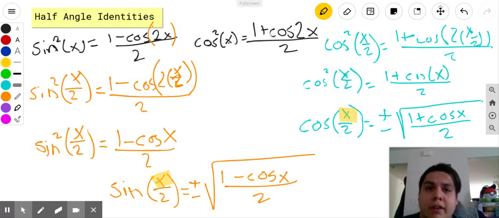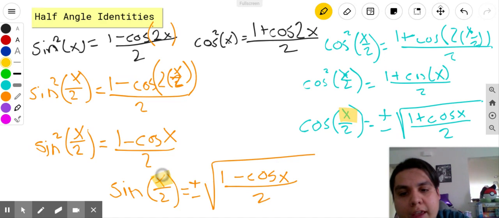So if the given angle falls somewhere between the first and the second quadrant, then we should use a positive version of the square root. Actually, I should be a little more careful. It's not just x. It is actually the x divided by 2.